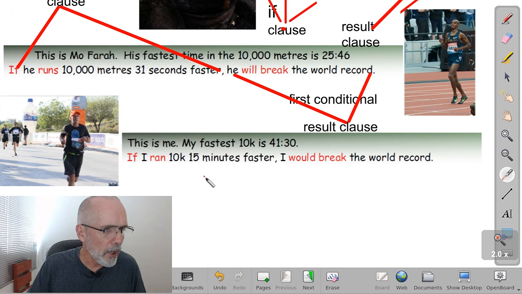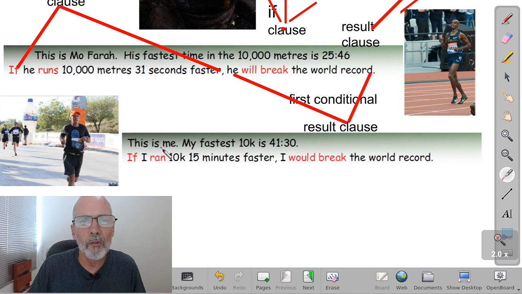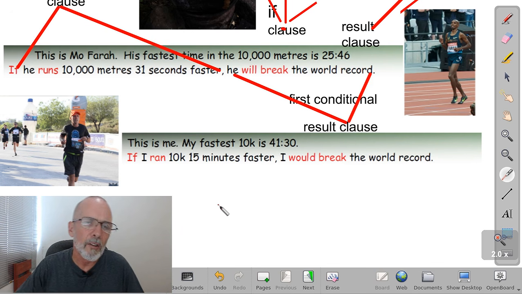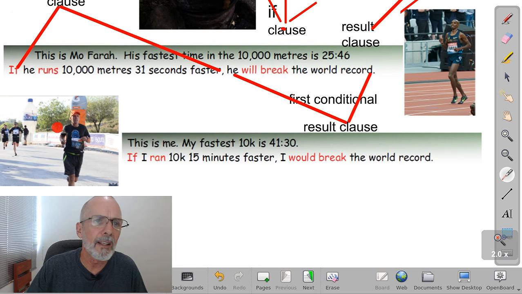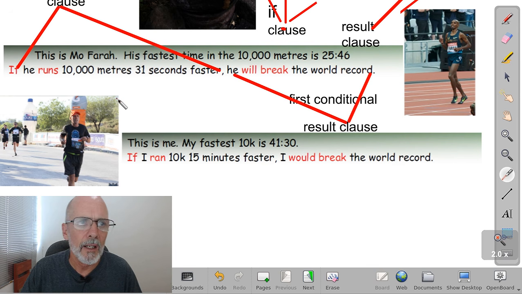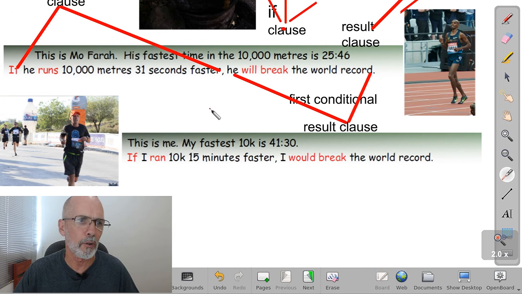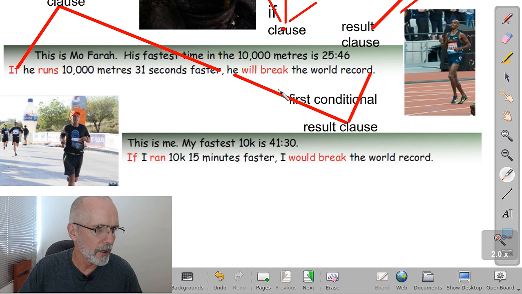So can anybody tell me, just looking at this, first of all, what is different about this one and what is different about this one? Obviously the first difference is that this one is about Mo Farah and this one is about me. But what is the difference in the verbs?